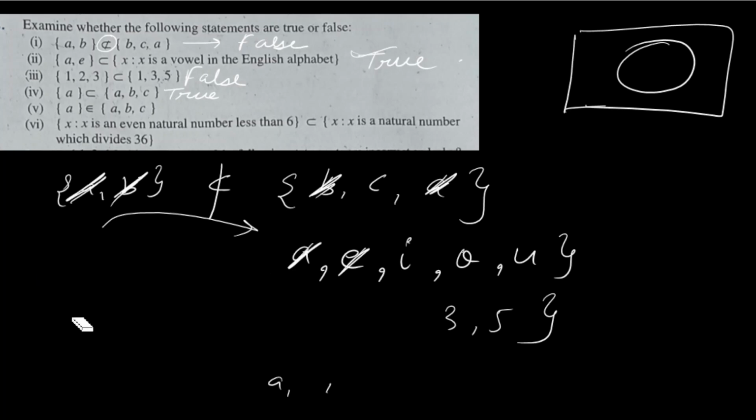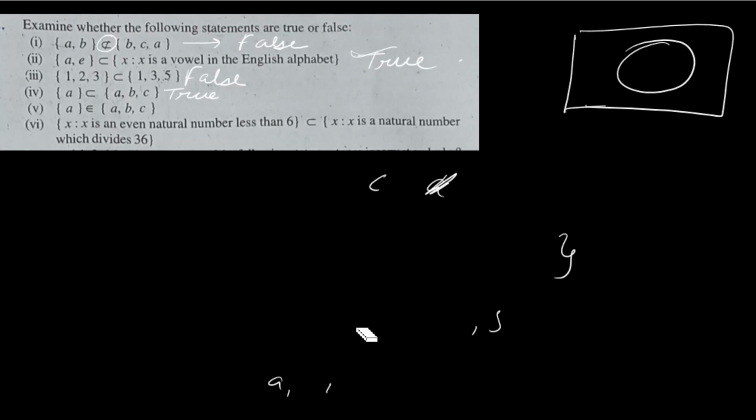Okay, so next, fourth one, it's true. Fifth one, they have mentioned set {a}. See, whenever any element is written inside the curly braces, that means this thing is representing a set. You have to remember, in the first exercise we have done representation of sets, so there I have explained to you. So {a} belongs to {a, b, c}. Here they have written this thing.